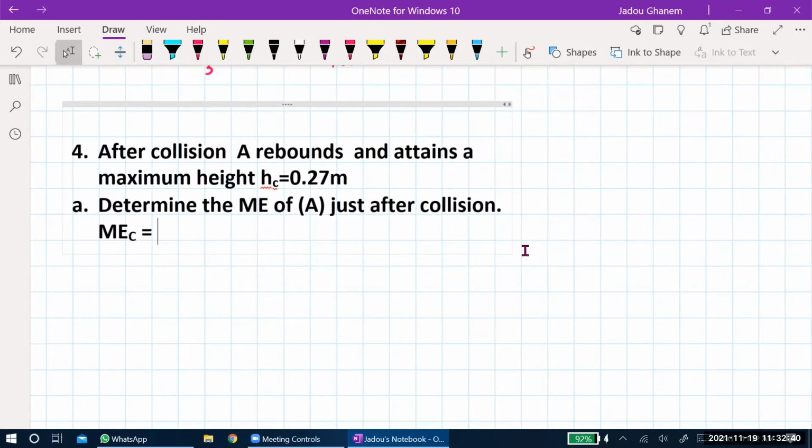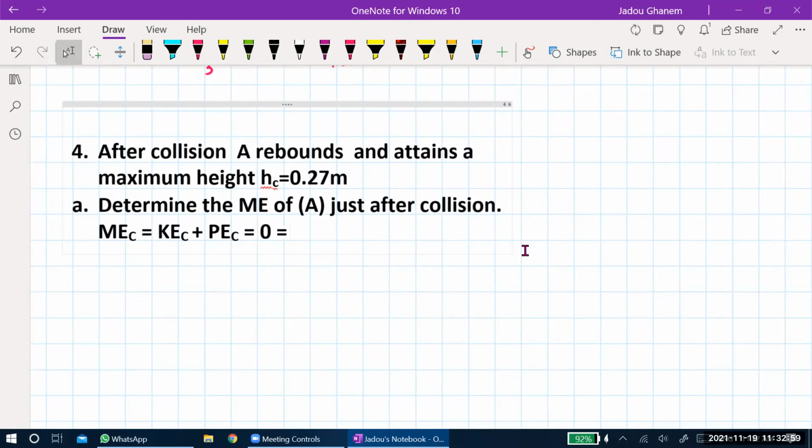So it's kinetic energy at C plus potential energy at C. And the speed became 0. That's great.